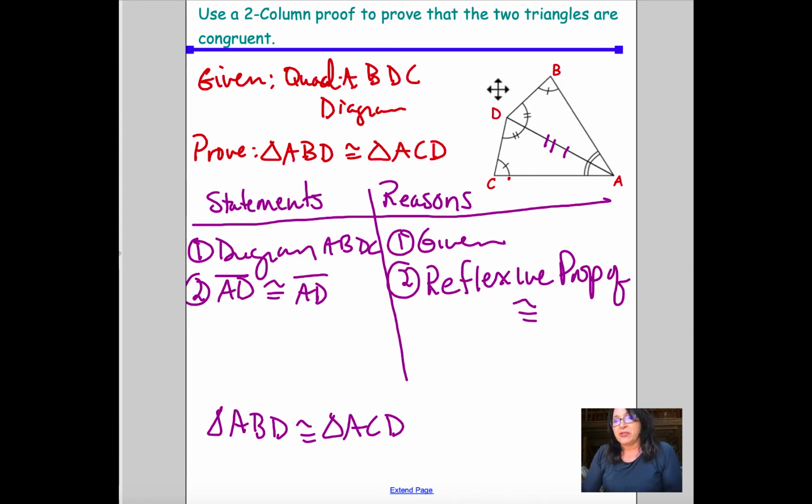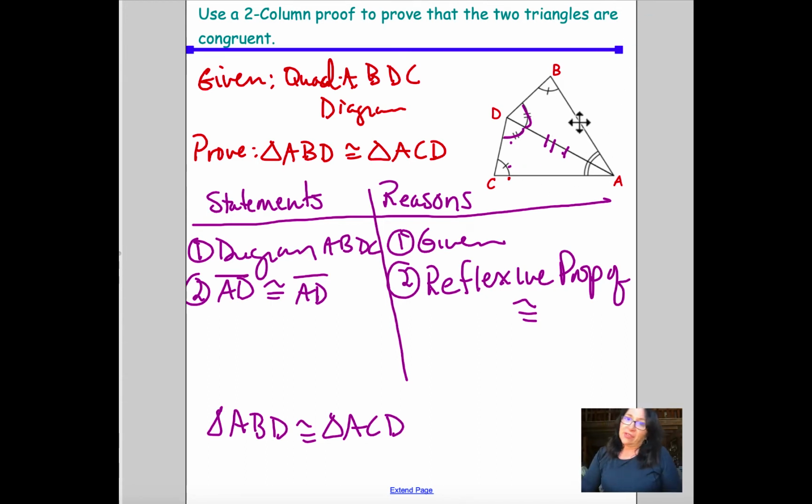Okay, so now you just have to decide how you want to do it. There's multiple ways to do that. I could say that angle C is congruent to angle B. That works. And also this angle here, ADC, is congruent to ADB. And therefore, the two triangles would be congruent by angle, angle, side.